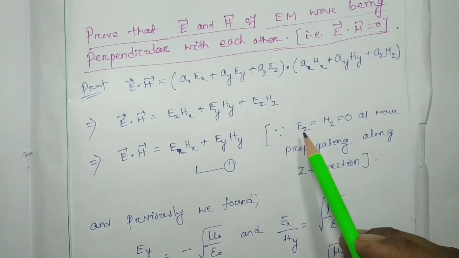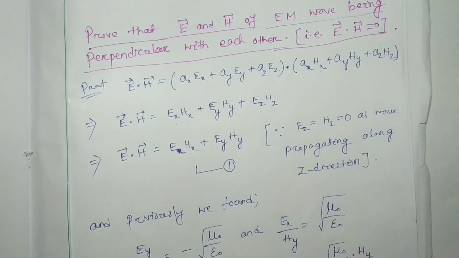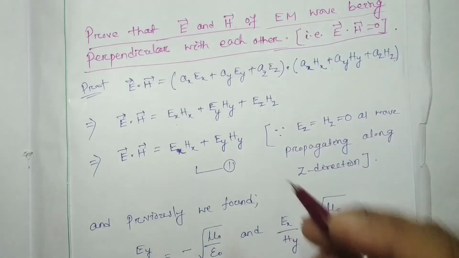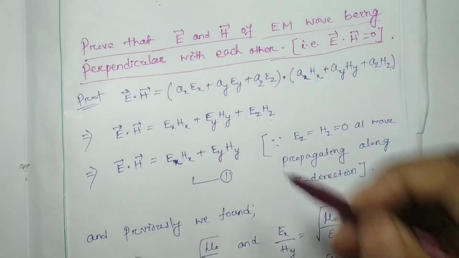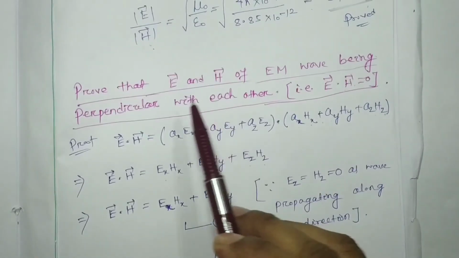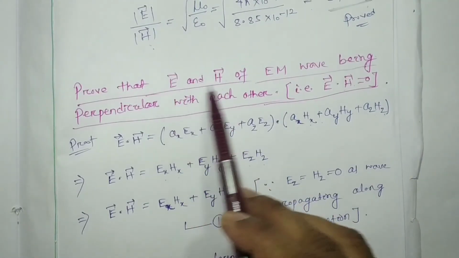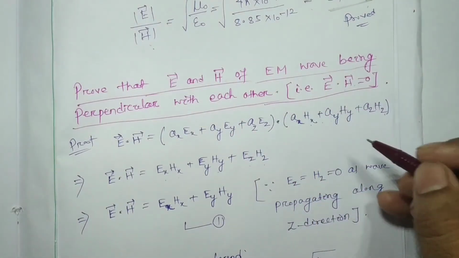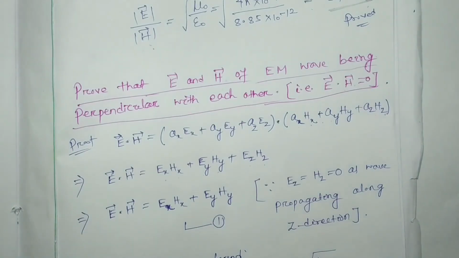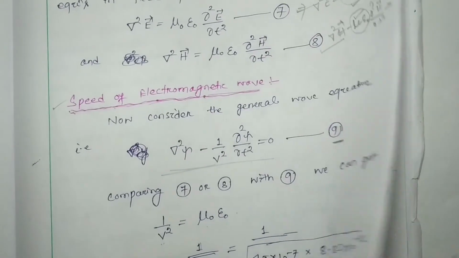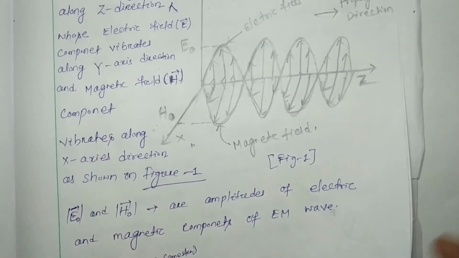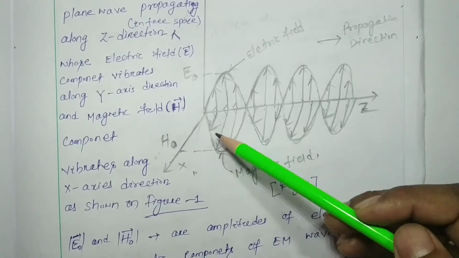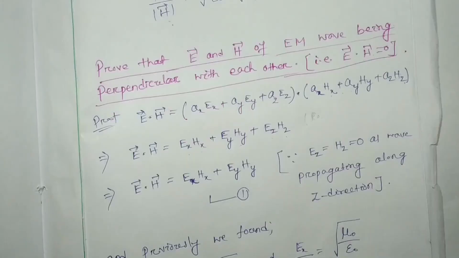Whatever we have represented here for this derivation, for these considerations of E and H propagation, is considering figure 1. That means this derivation refers to this figure, with the electric component along the y-axis and the magnetic field along the x-axis.